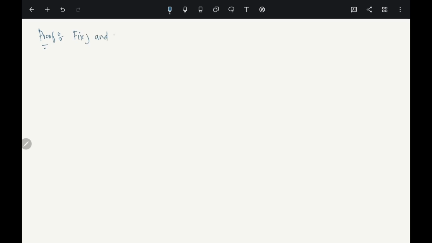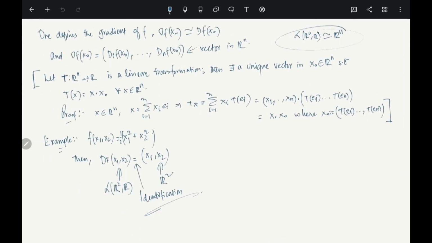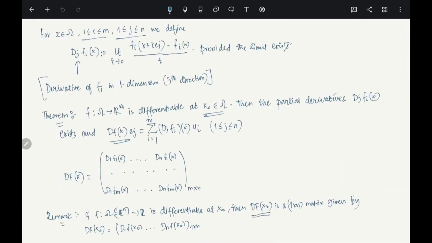And since f is differentiable at the point x0, one has, or you can write it like this, f of x0 plus t ej. See, f is differentiable here. What is our definition of differentiability?